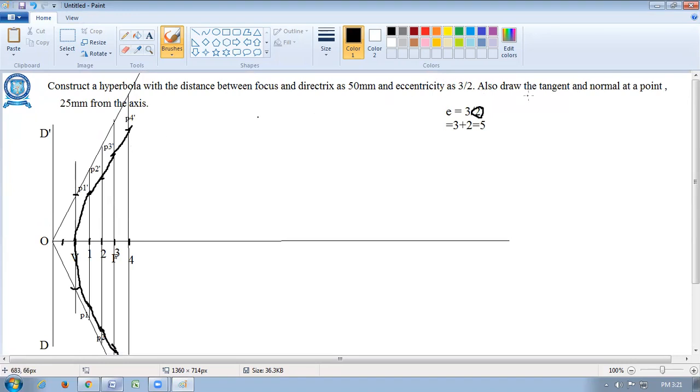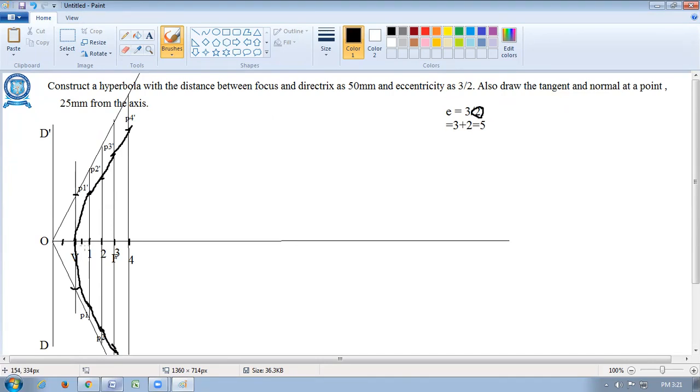Next, we have to draw the tangent and normal at a point 25 mm from the axis. Which means we have to mark 25 mm from the axis O on this line. It will come here.